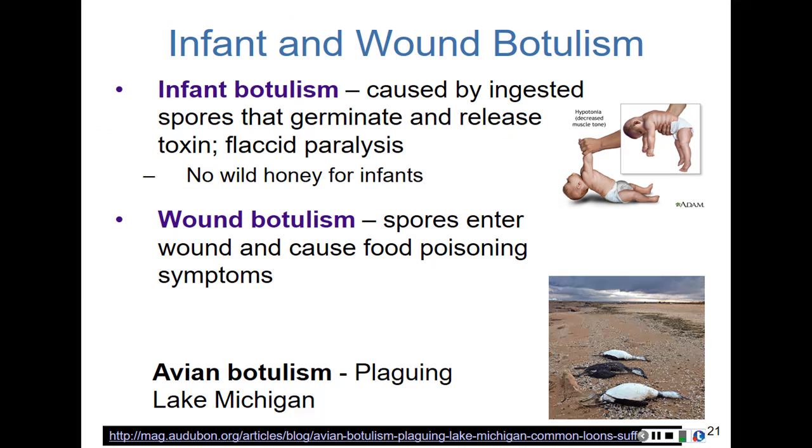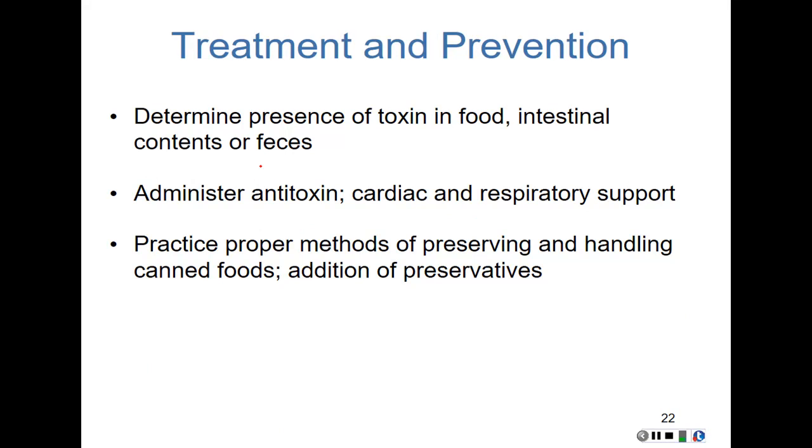So you can read more about avian botulism. So it's an interesting thing. For treating botulism, there are also antitoxins. But if somebody shows up and it looks like botulism due to food poisoning, there'll be people that will go and find out where the source of this is.